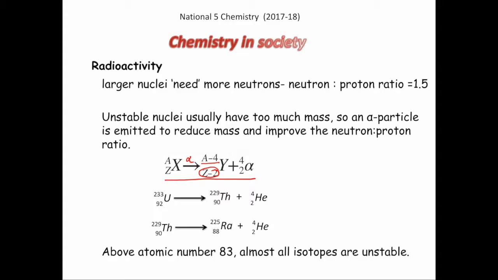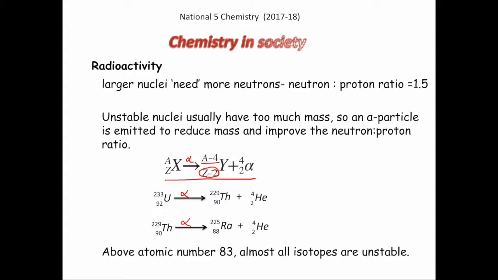So if you look at uranium, when it emits an alpha radiation, it changes into thorium, which has atomic number 90, 2 less than that of uranium, and mass number of 229, which is 4 less than that of uranium. Thorium again undergoes alpha emission, changing into radium, which has atomic number 88, again 2 less than thorium, and mass number of 225, 4 less than thorium.